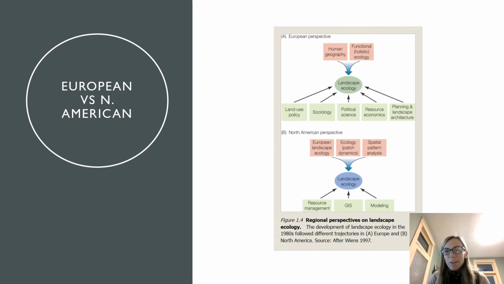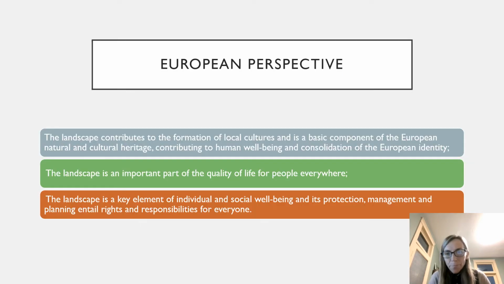So just super interesting that the two distinct views have held through these years, but more and more I think we see a convergence of the two. So the European perspective was built on a few principles.